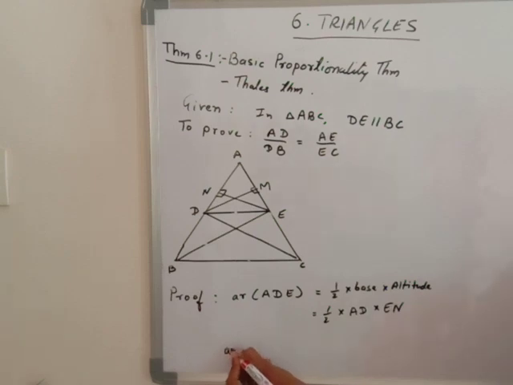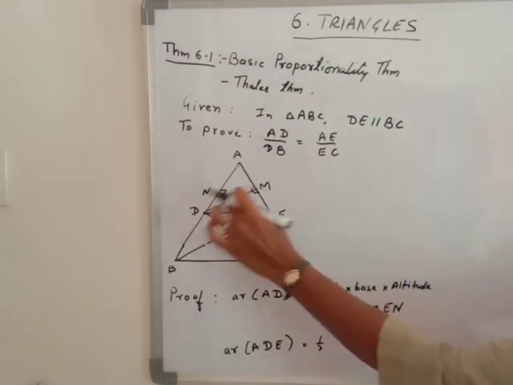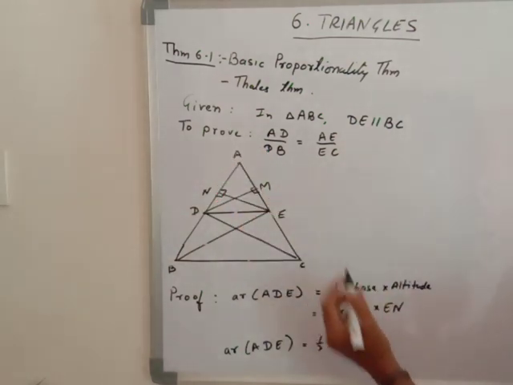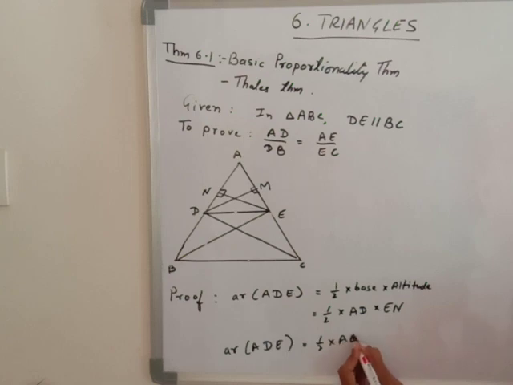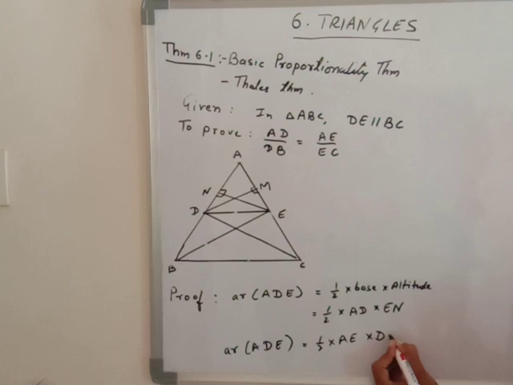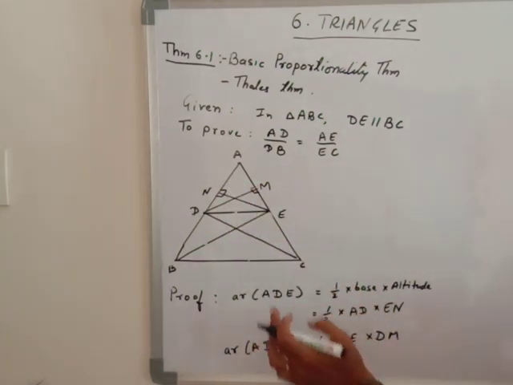Okay. What is the other formula for finding the area of triangle ADE? Half, again base into altitude. So again here, DM is the altitude. So AE is base. I can write AE into DM. Please check this carefully.